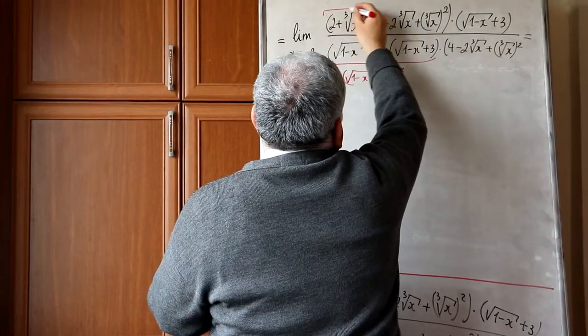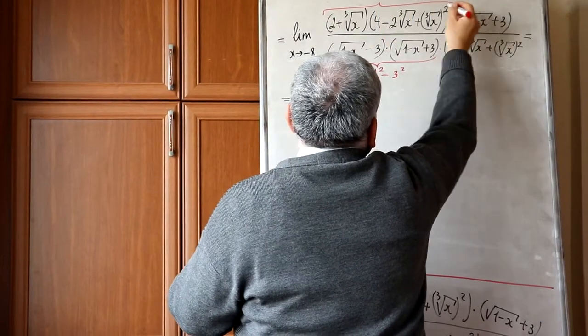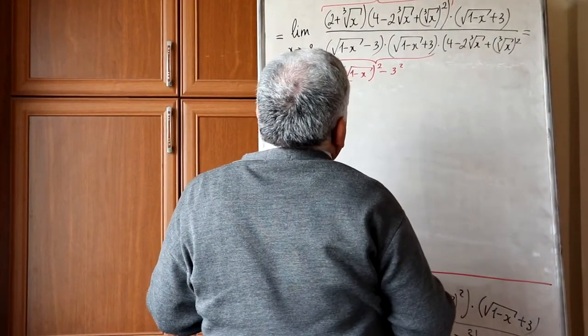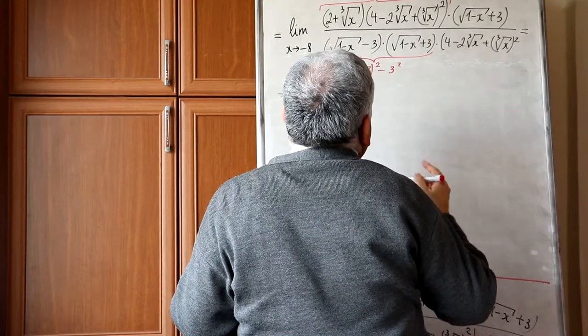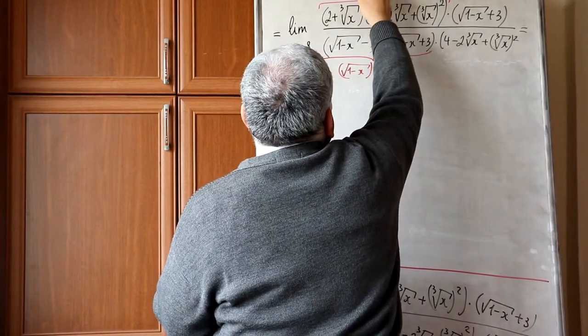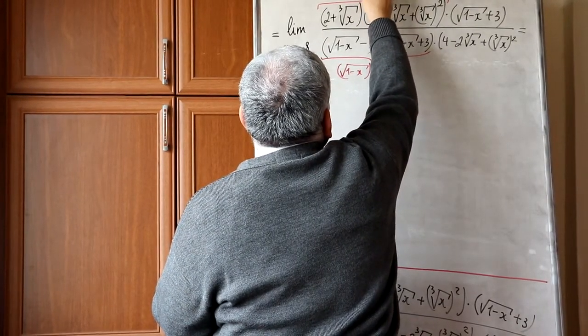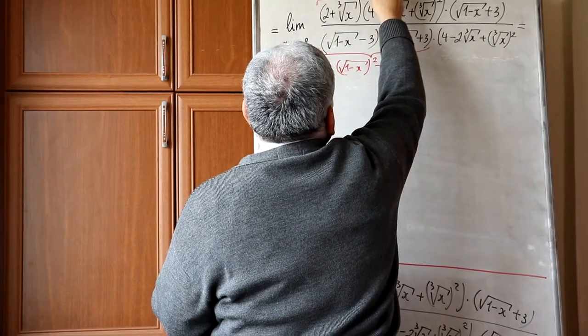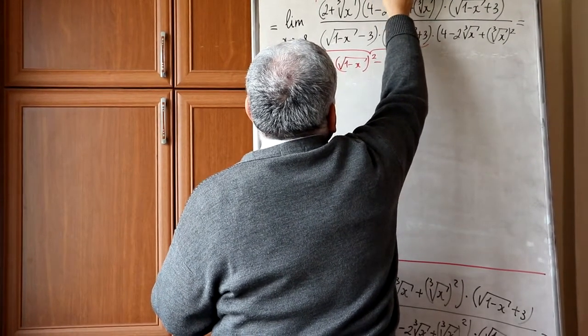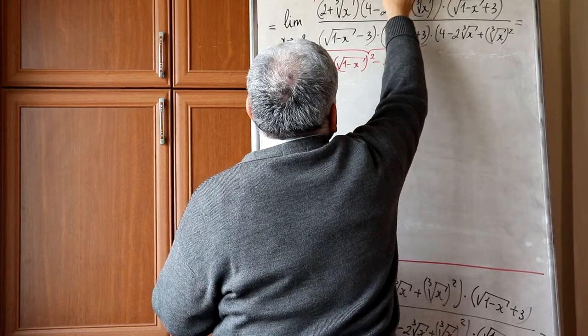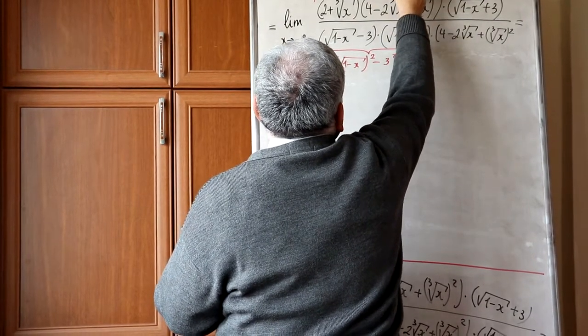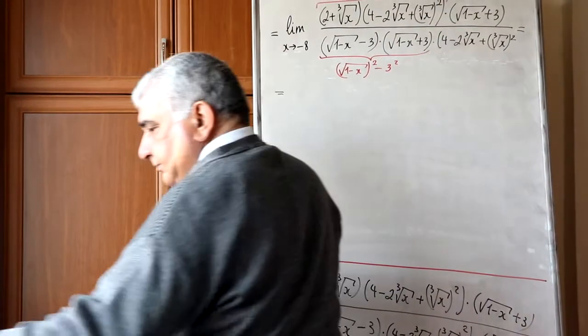But look at this product in the numerator. It is sum of cubes. It is 2 cubed plus cube root of x cubed. Continue.